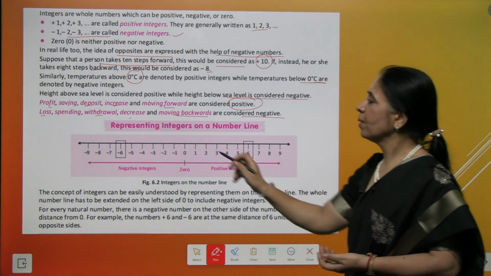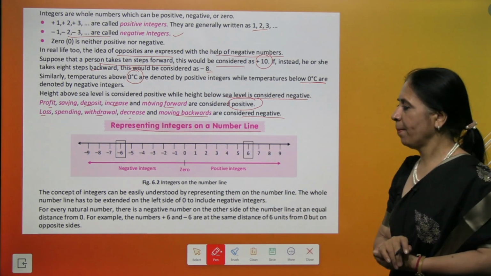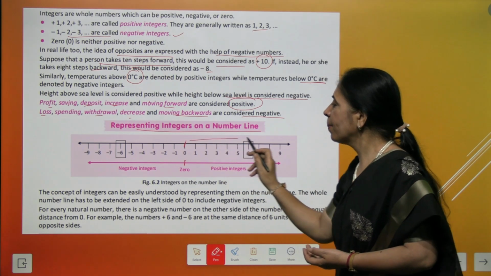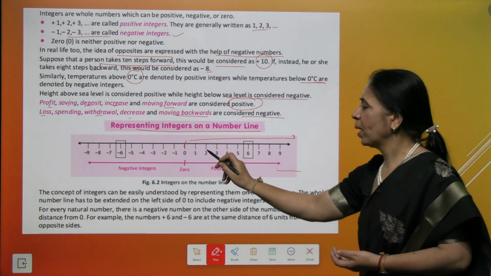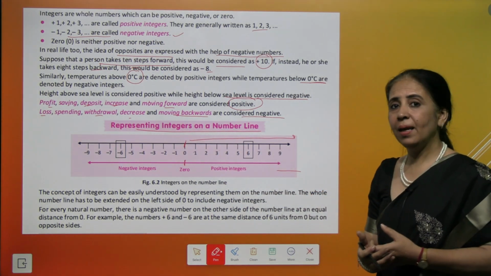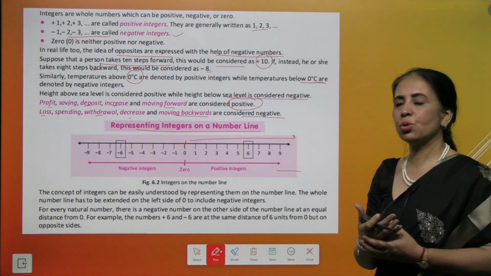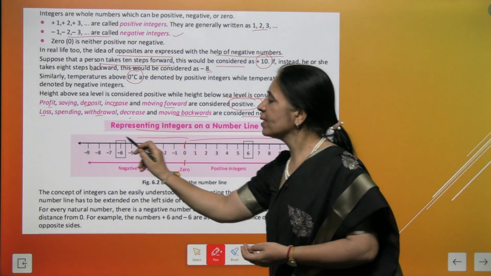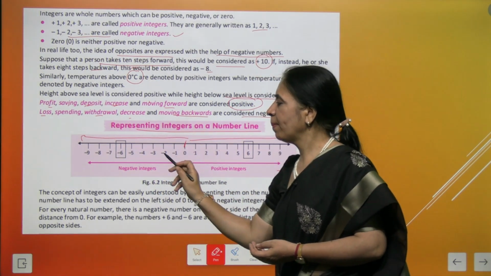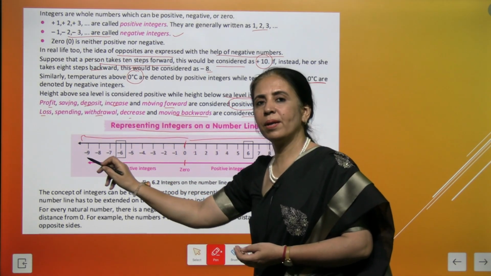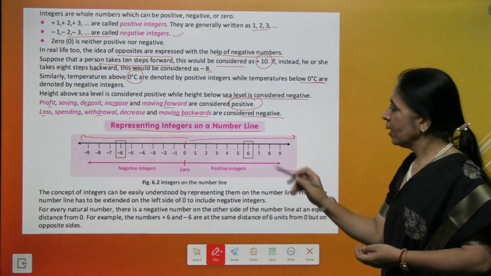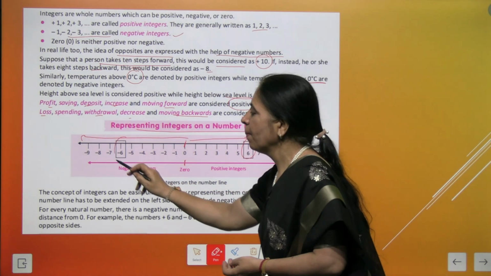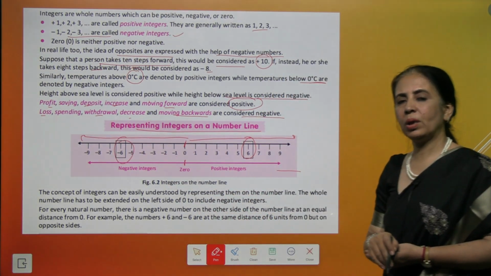Now we talk about representing integers on number line. तो यहाँ हमारा हमेशा सेंटर में 0 आता है. जैसे ही आप राइट मूव करेंगे तो +1 +2, यहाँ प्लस साइन हम नहीं लिखते, हमेशा पॉजिटिव इंटीजर्स को नॉर्मल नंबर्स की तरह रिप्रेजेंट करते हैं. एंड जैसे ही आप लेफ्ट साइड मूव करेंगे तो -1 -2 -3 -4 -5 एंड इट गोज ऑन. यहाँ हमने मार्क किया है दिस इज +6 and this is -6 representing on the number line.